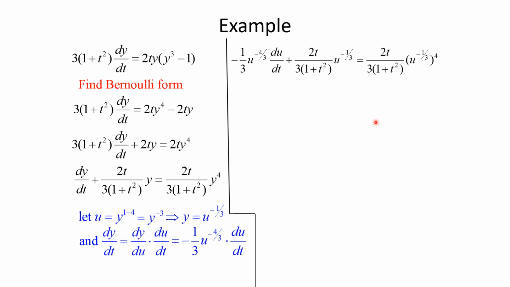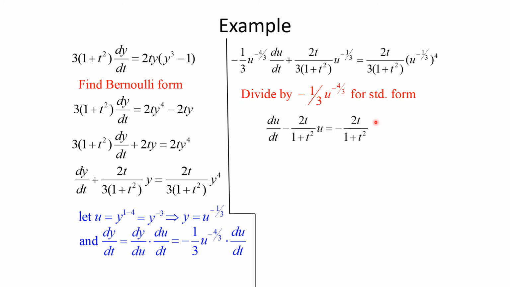We'll put this in standard form by dividing everything by negative 1/3 u to the negative 4/3. In the first term, that'll cancel out, and we'll get du/dt. In the second term, if we divide a positive by a negative, we get a negative. The 1/3 and the 1/3 cancel out, so we're left with 2t over 1 plus t squared.